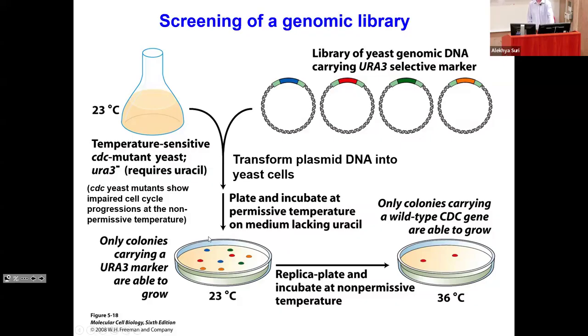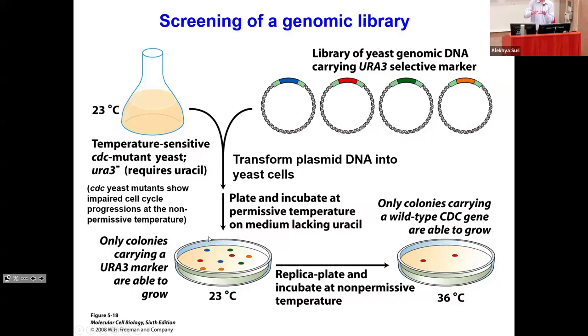And then you would plate, or it's called replica plating. You use a little piece of tissue, like a velvet, and you would press the first plate on this tissue, and then you take a fresh plate and press it on this velvet.